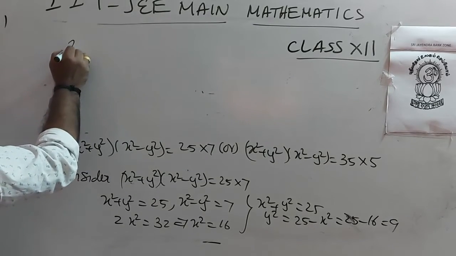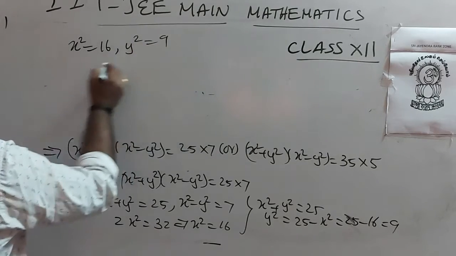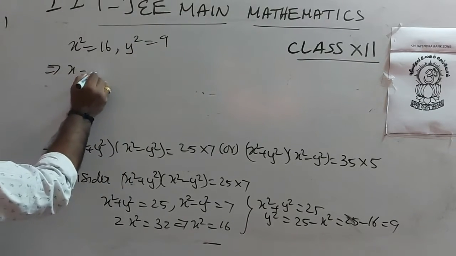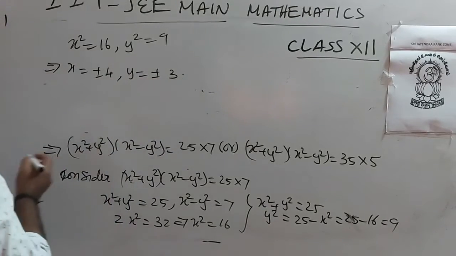So x squared = 16, y squared = 9. x equal to plus or minus 4, y equal to plus or minus 3.